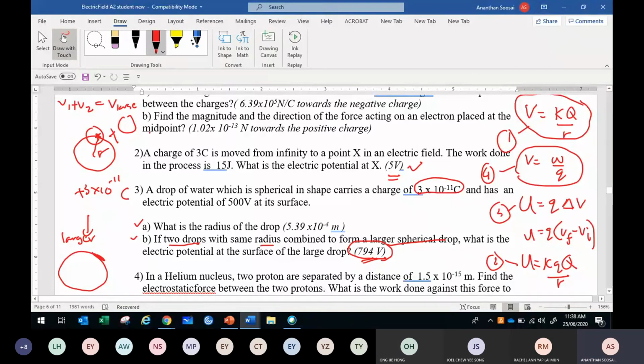Those who have an idea in mind, the volumes added equal the volume of the larger one. Okay, you are on the correct track. Then find the radius.